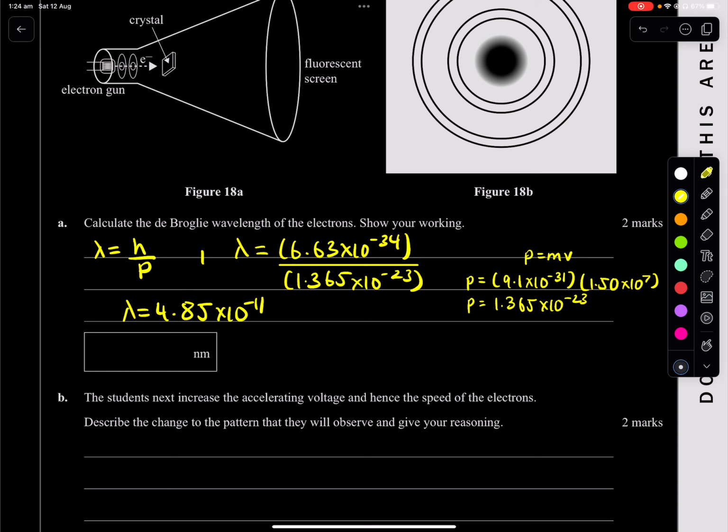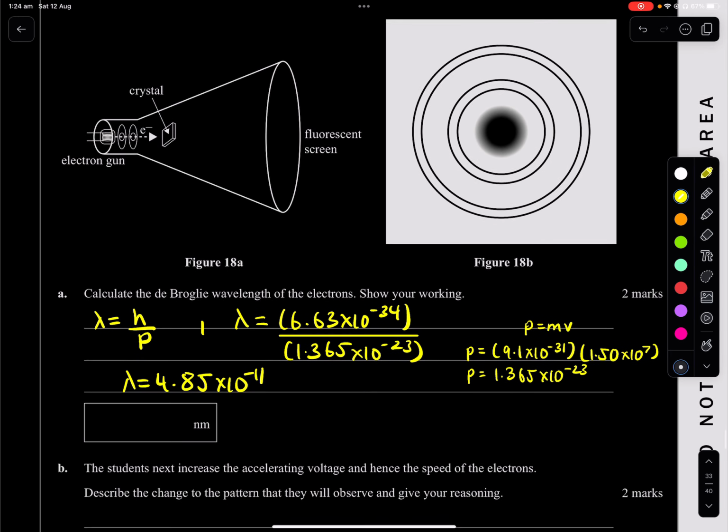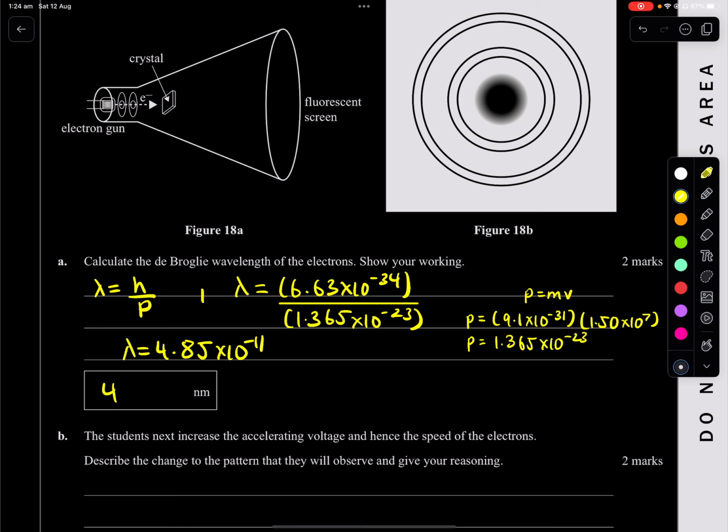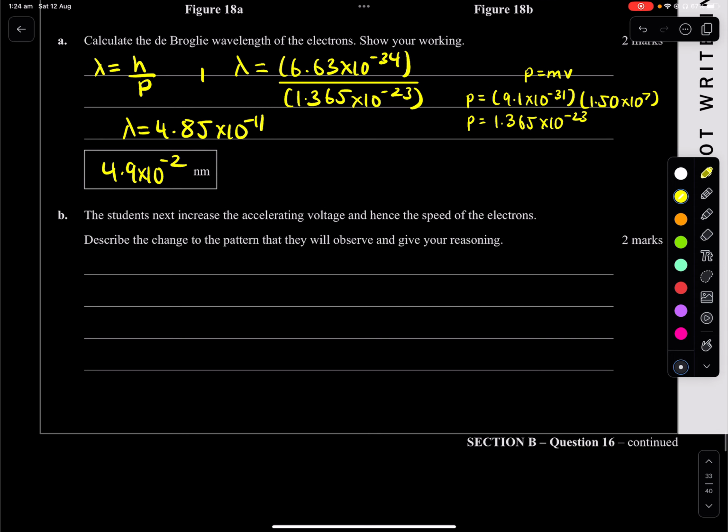What is that in two significant figures? It's 4.9 times 10 to the negative 2 nanometers. Nice.